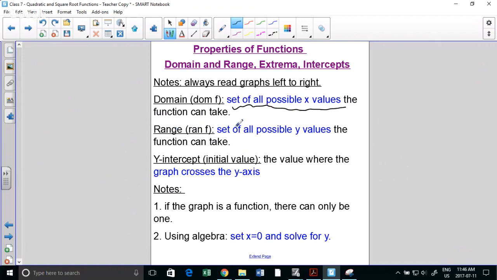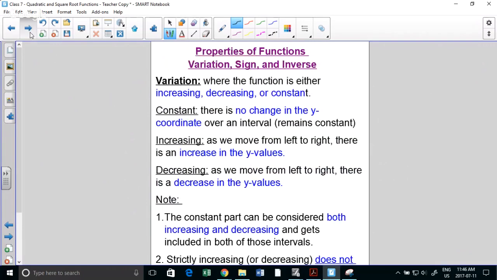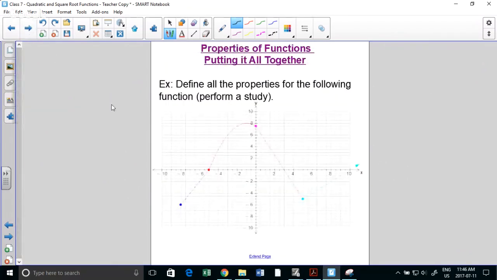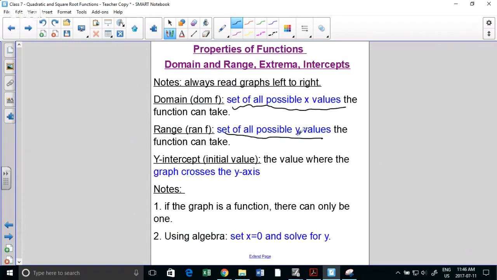The range is the set of all possible y values the function can take. If we look at this picture, we don't have those y values or x values as legitimate points on my graph, so they're not part of my domain or my range. It's only the y values and the x values that are on the function.